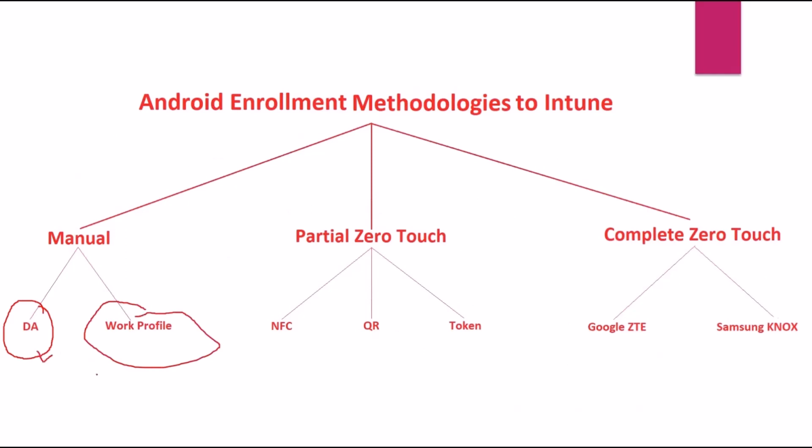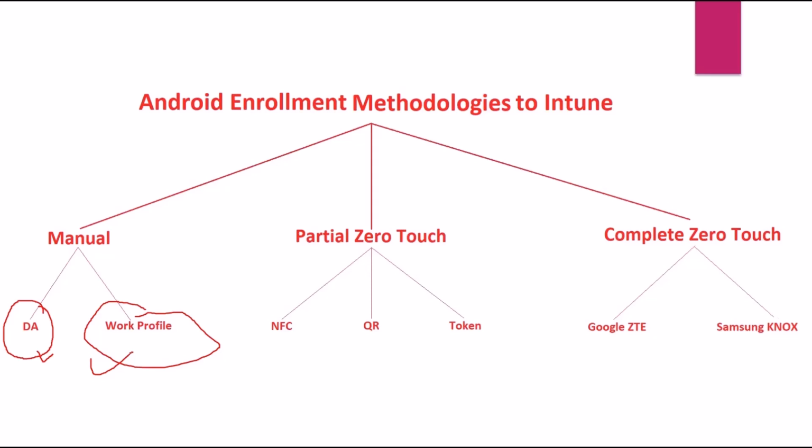Both of these are manual methods, wherein the end user will have to go to the App Store or Play Store, in this case Play Store. He'll have to download the Company Portal application, log into it, and while he has logged into it, the device is going to be registered and Intune enrolled, with a silent Azure AD registration and Intune enrollment.